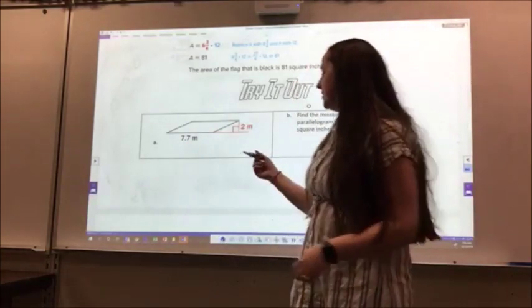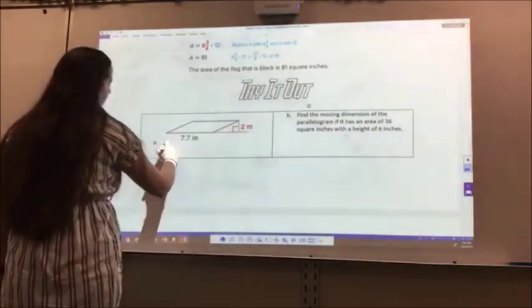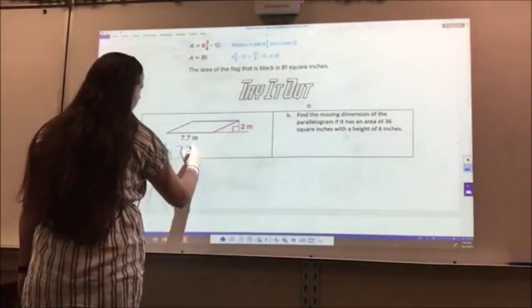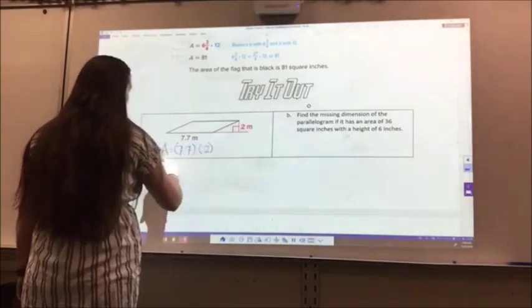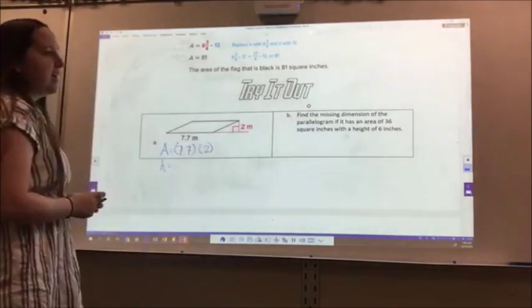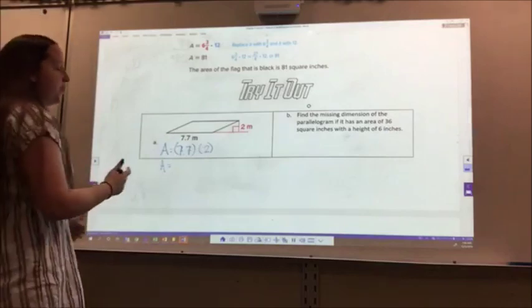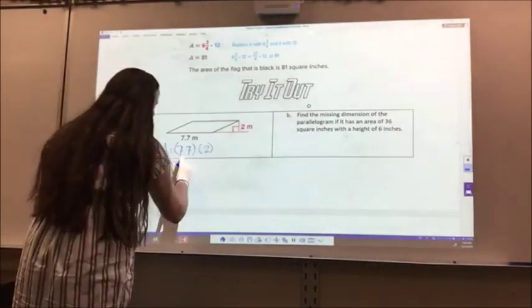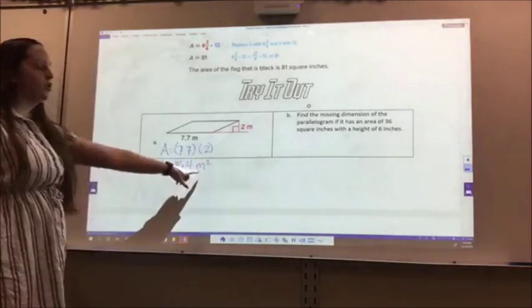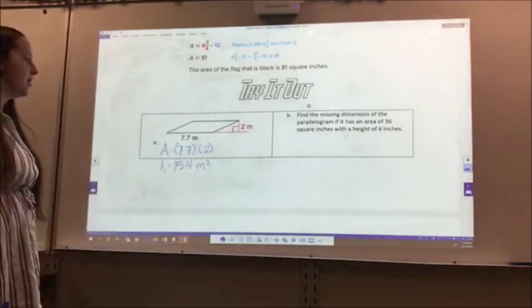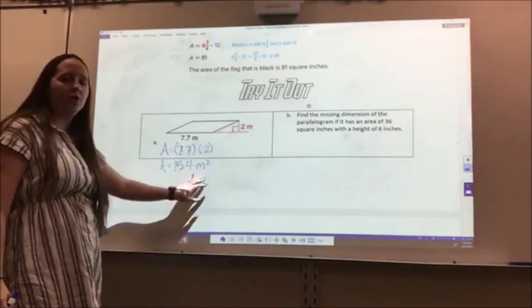So I multiply these together. A equals 7.7 times 2. When I do this, my area is 15.4. And it's meters squared. Make sure you include your units, okay? You lose points if you don't include your units.